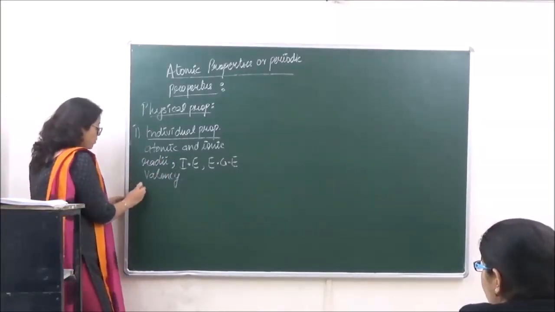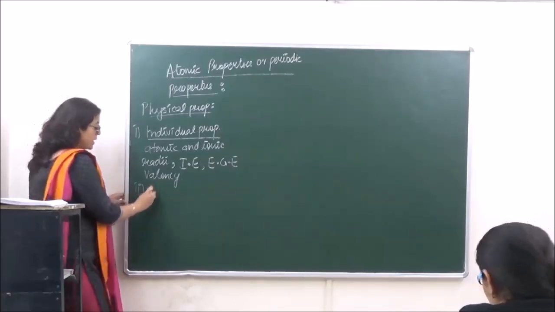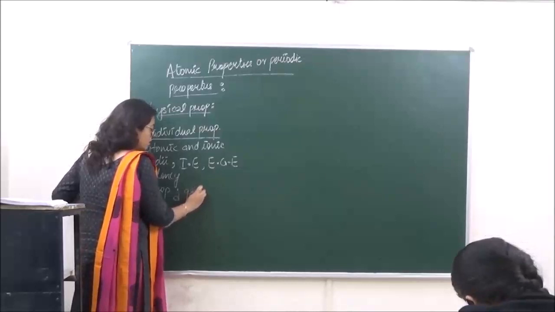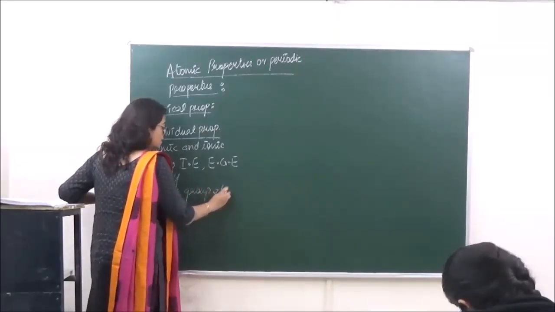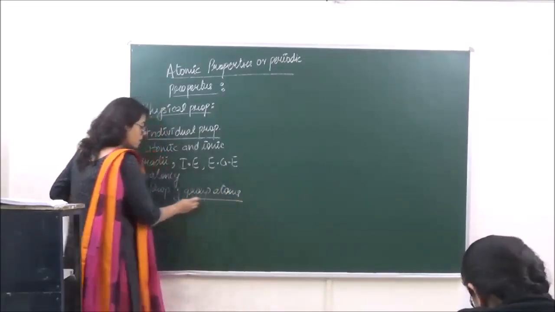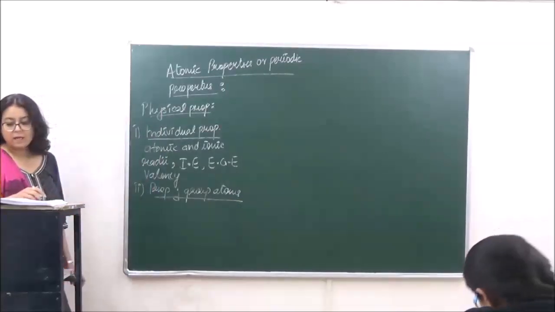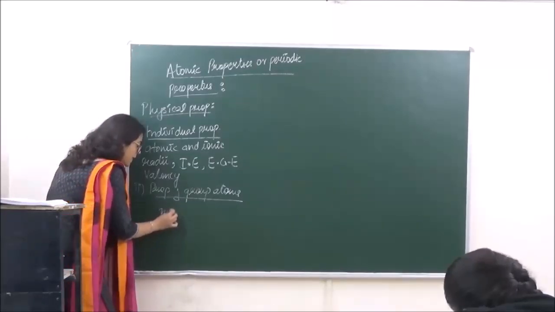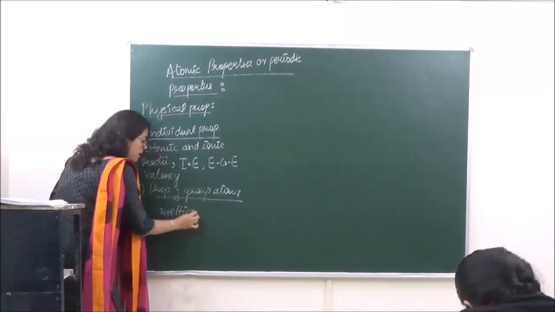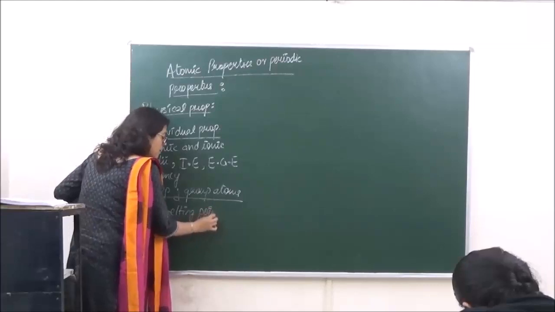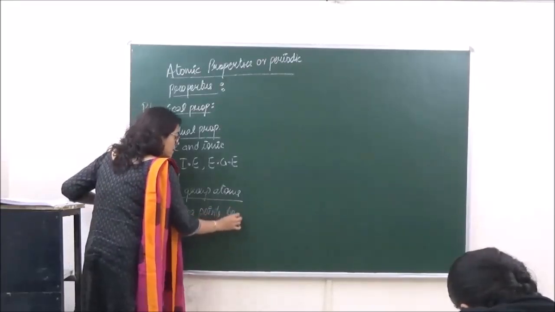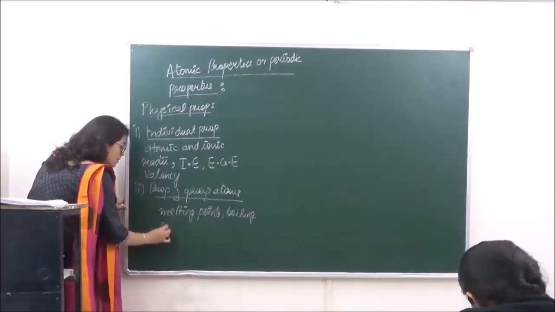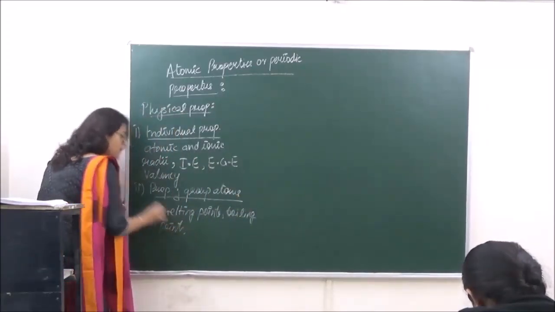The second type of properties which we are going to study are properties of group atoms, right? The properties which we will study under this are going to be melting points, boiling points, okay?